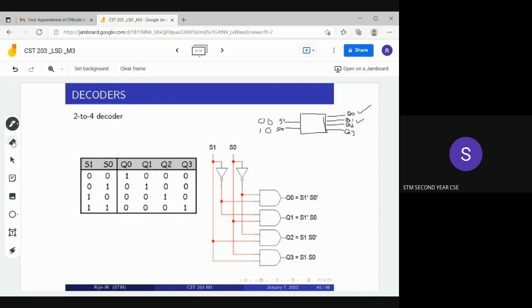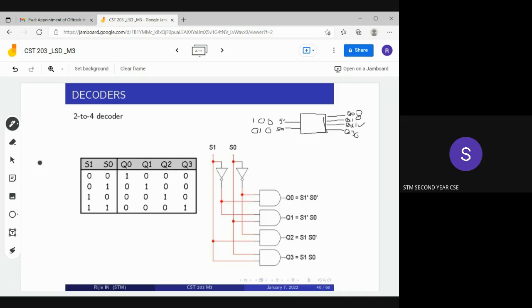And if the input is 1 0, next Q2 will be active. All other pins will be 0. Active means the value of Q2 is 1 and all the remaining values become 0.